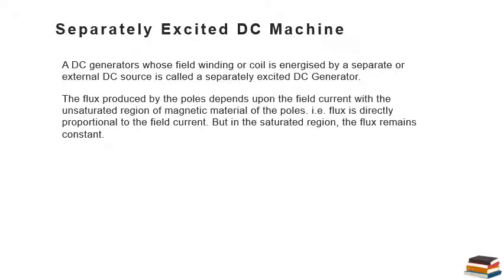The flux produced by the pole depends upon the field current in the unsaturated region of the magnetic material of the poles. That is, flux is directly proportional to the field current. But in the saturation region, the flux remains constant.